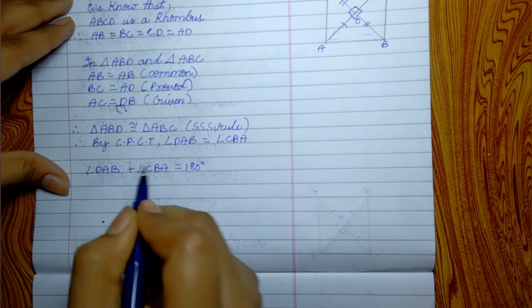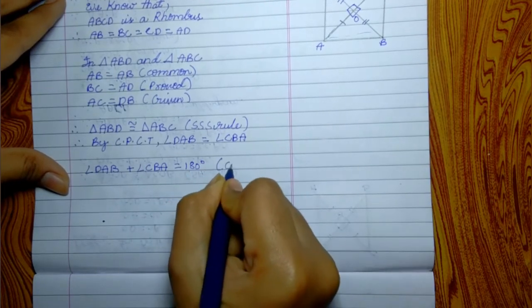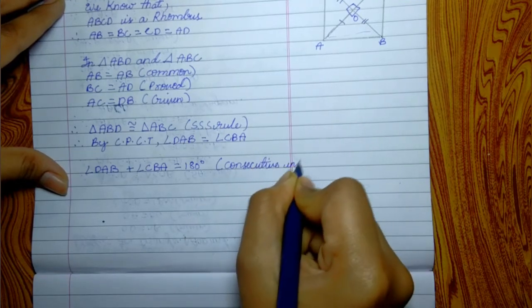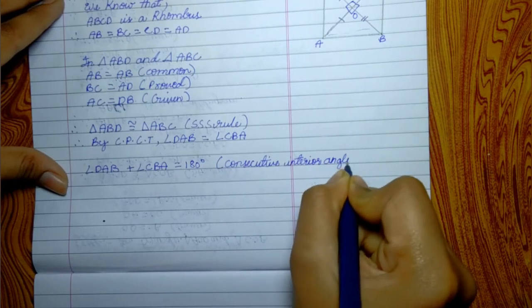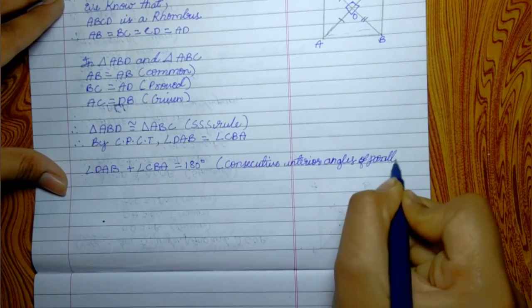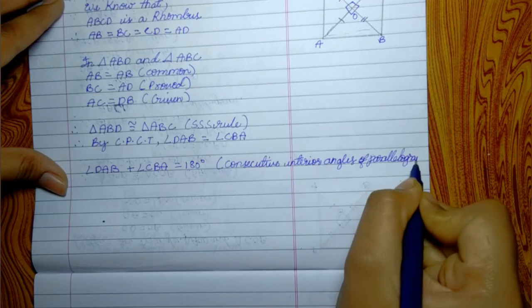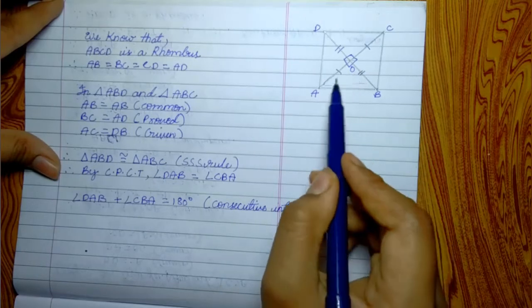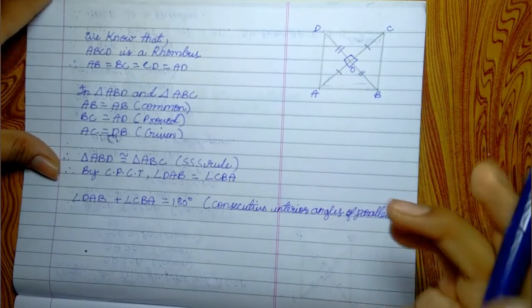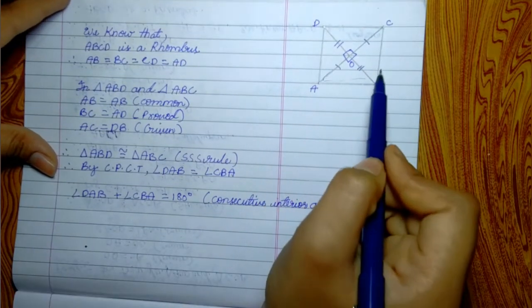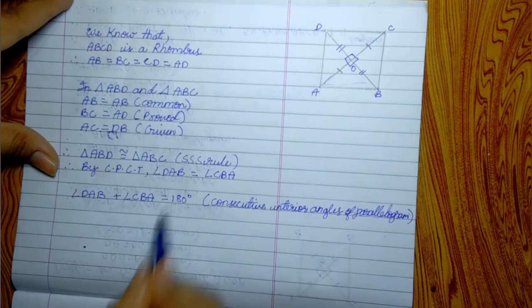Because they are consecutive interior angles of a parallelogram. We have already proved that ABCD is a parallelogram. We know that the sum of consecutive interior angles of a parallelogram is 180 degrees. Hence, angle DAB plus angle CBA is equal to 180 degrees.